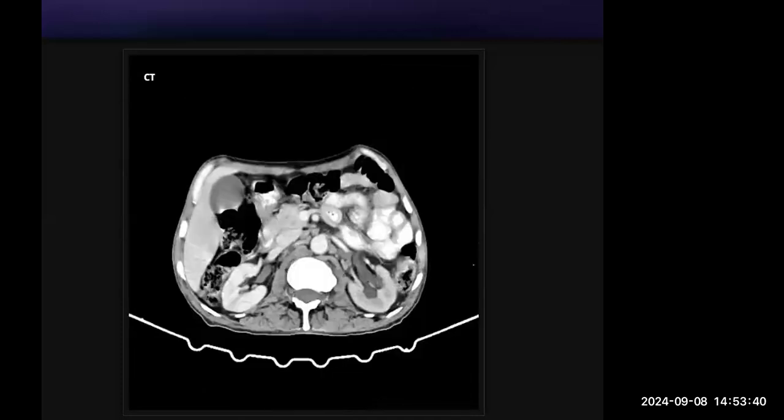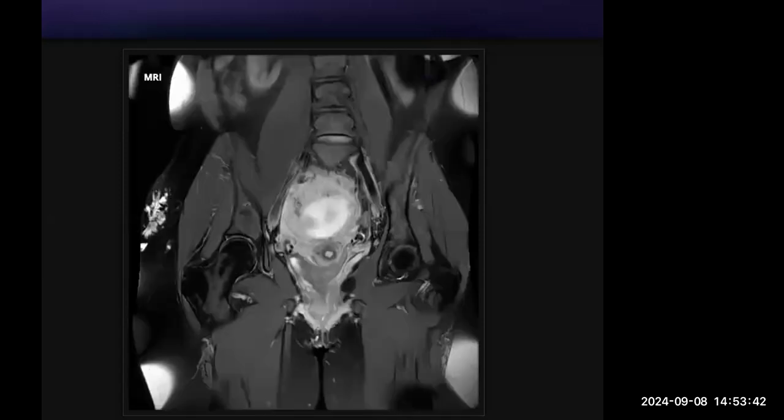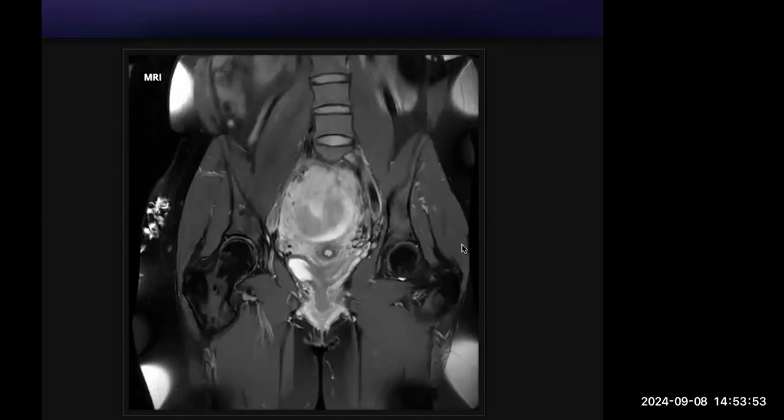I think we will do one more case and then we'll stop. You can scroll through it and tell me what you think. So this is a patient presented with left hip swelling.